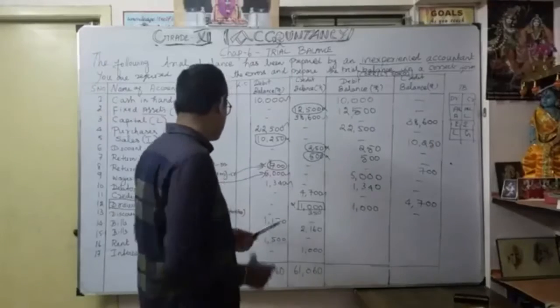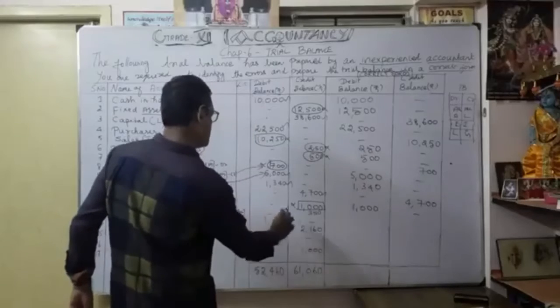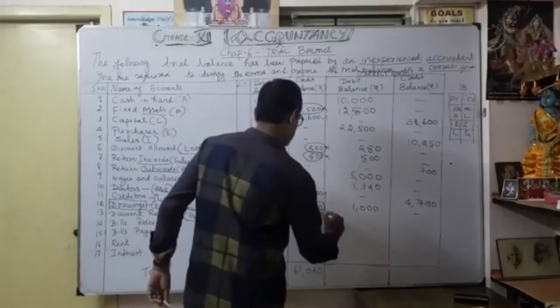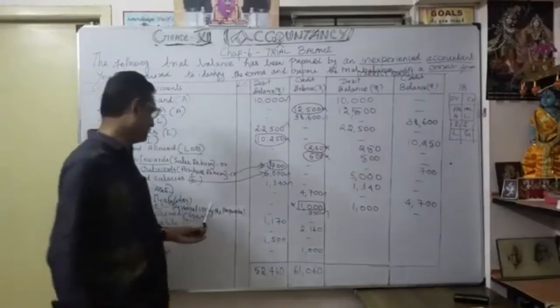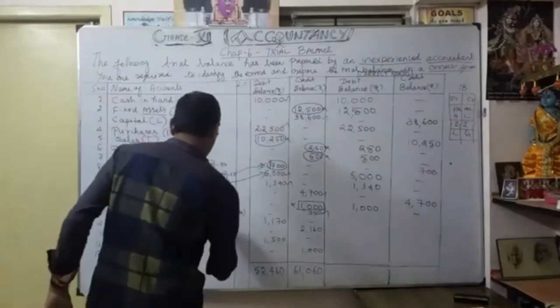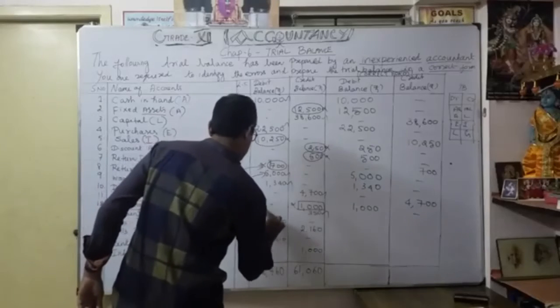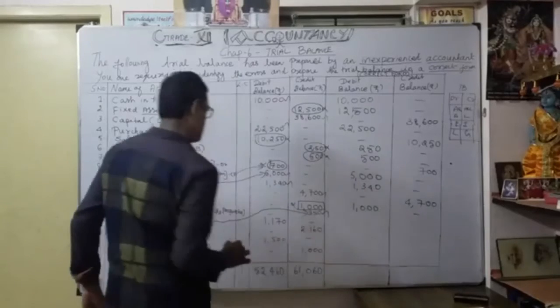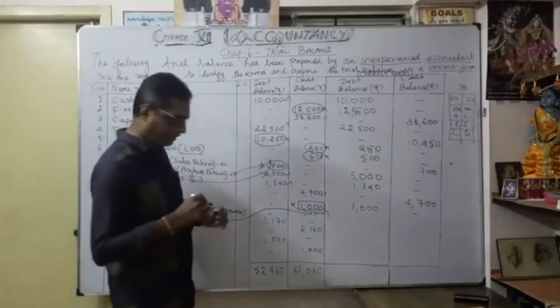See here, what did they return? They wrote it correctly as a credit balance, 350. So discount received is this one. Discount received is a gain, so that's why it is a credit balance.